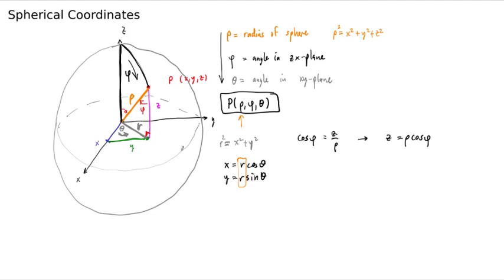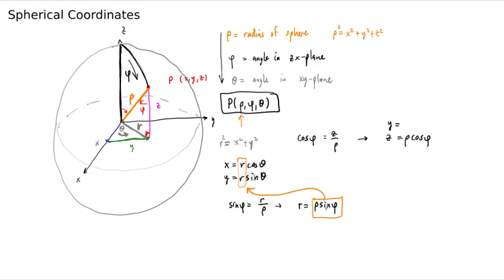And so here we get, just looking at this, the sine of phi is equal to r over rho. And just like we did with the z coordinate, we can solve this for r. So this tells us then that r is equal to rho times sine of phi. And at this point, we plug those back in for the r here, and we can write down our transformation.